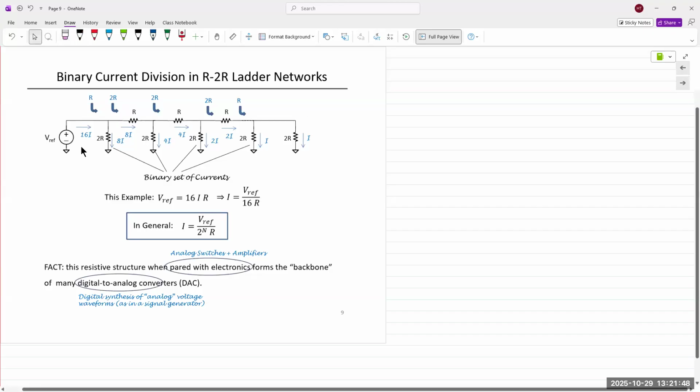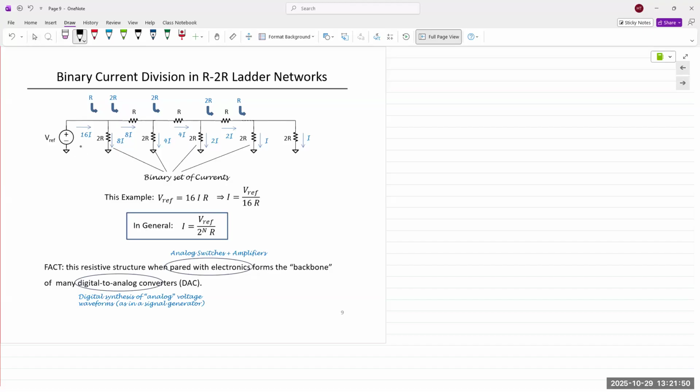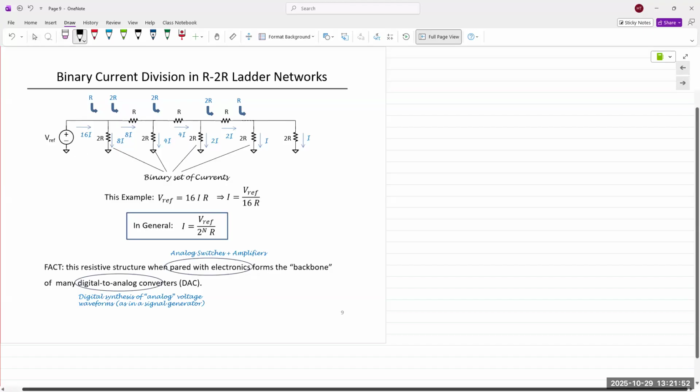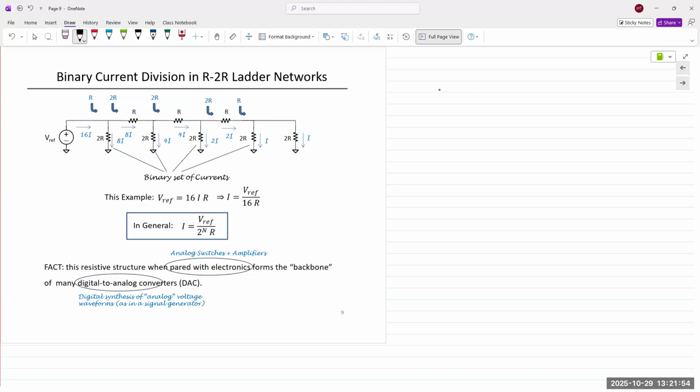Now, when you have 2 resistors in parallel on the far right, if you draw out the equivalent circuit, I'm just going to draw out 1, 2, 3. This resistor is 2R in parallel with 2R.